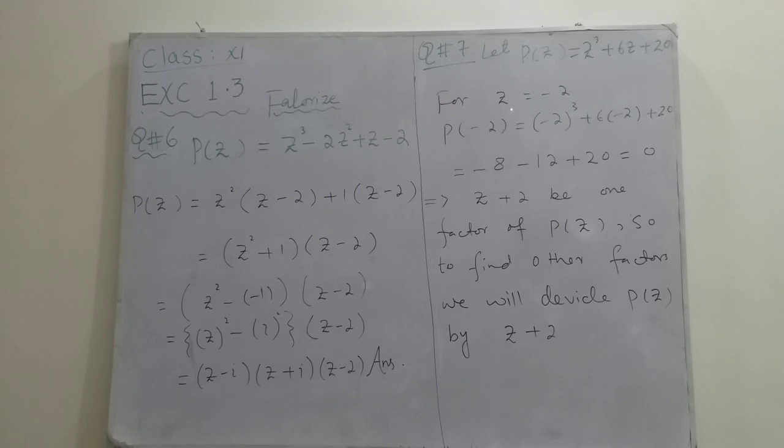So for z equals minus 2, p of minus 2 gives minus 2 whole cube plus 6 into minus 2 plus 20, which gives minus 8 minus 12 plus 20 equals 0. Thus z plus 2 is one factor of p of z. So to find the other factors, we will divide p of z by z plus 2.